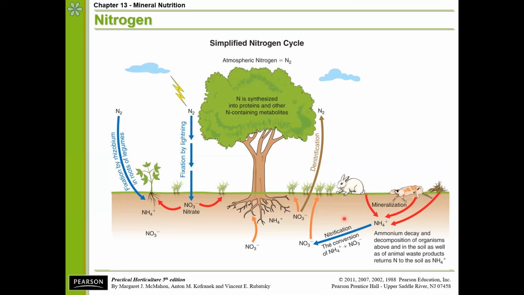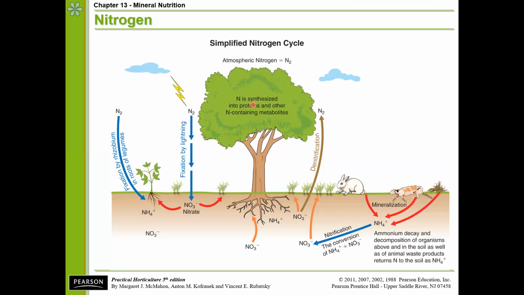So it's the most stable form as well. We get mineralization of nitrogen in its different forms from dying plant and animal parts above and in the soil. That will return to the soil, be mineralized from simpler forms of nitrogen, and through decomposition and bacteria, be converted into ammonium, and then eventually to nitrite and nitrate, which is then absorbed by plants.